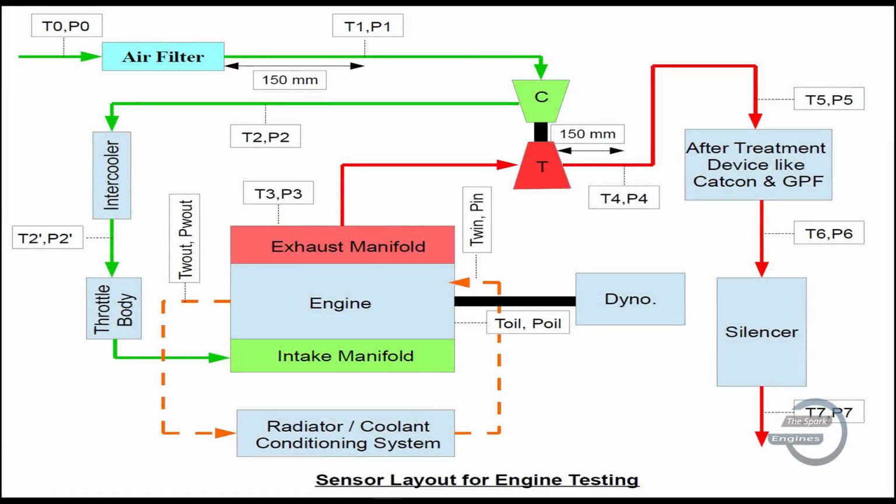One important tip about pressure sensors. The pressure sensor for air is different from pressure sensors used for measuring oil and coolant because of their constructional difference. If an air pressure sensor is used for the measurement of oil pressure, then it may damage the diaphragm of the sensor and ultimately the sensor will be damaged.